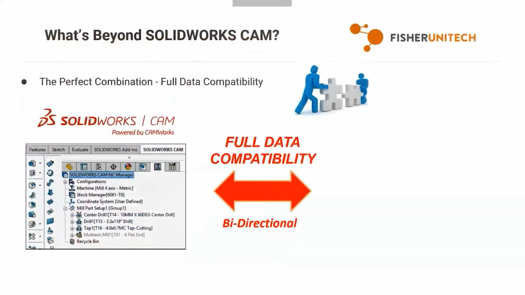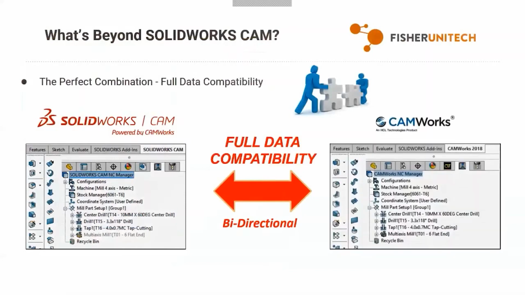If you had capability that's more complex than your conventional mill or lathe, you might be asking what's beyond SOLIDWORKS CAM. And so the next step would be CAMWorks. And CAMWorks is essentially the parent to SOLIDWORKS CAM itself. So there's full data compatibility and it's bi-directional.